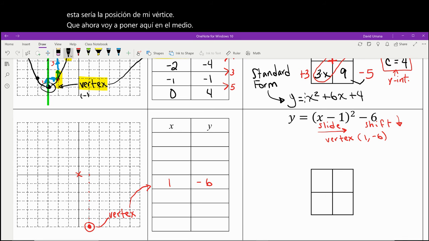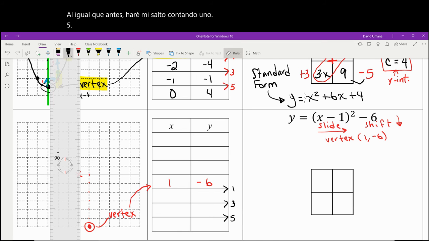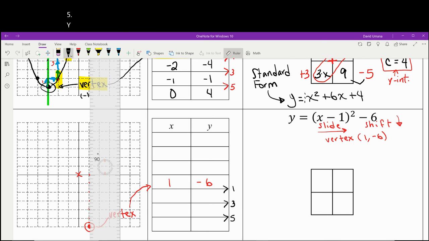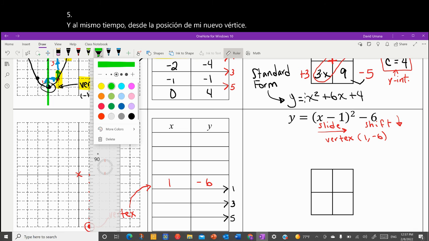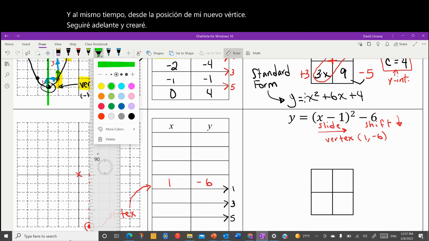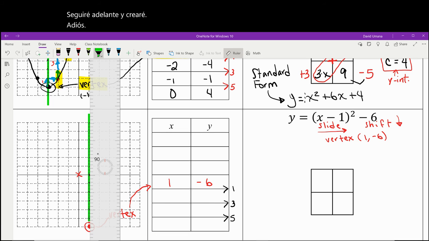And just like before, I'll do my skip counting. 1, 3, 5. And at the same time, from the position of my new vertex, I will go ahead and create my axis of symmetry.